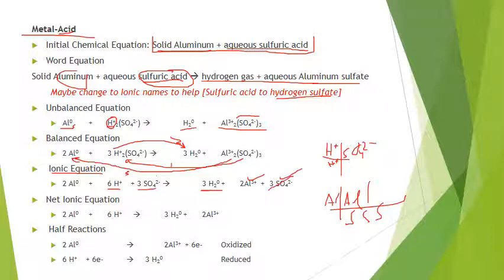All right, the net ionic equation gets rid of the sulfates, and you end up with the things that get oxidized and reduced. Okay, the half reactions, right? The aluminum goes from Al 0 to 3 plus, and it does that twice.